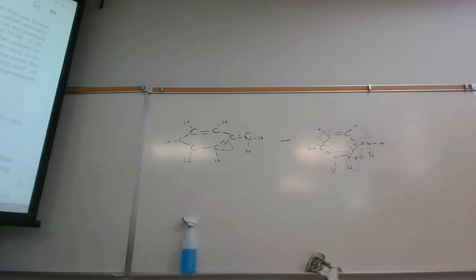And so if we have an electron withdrawer, the benzene ring here on an amine, is that going to make it more basic or less basic? The benzene ring is going to be an electron withdrawer.